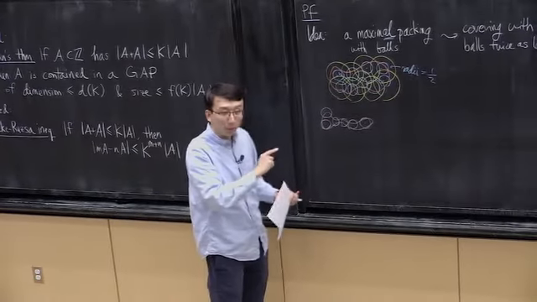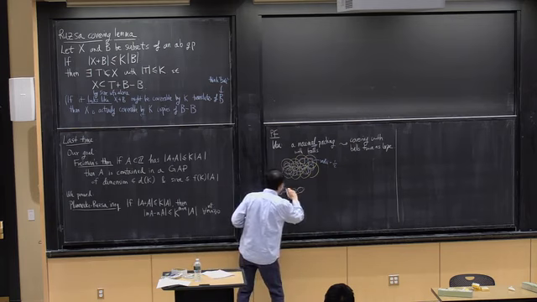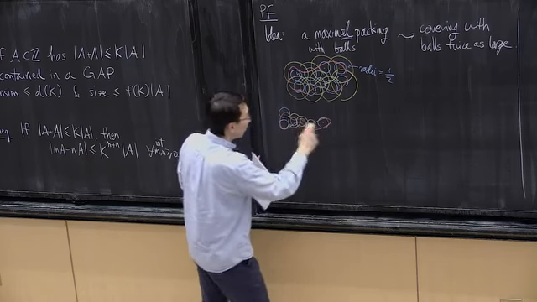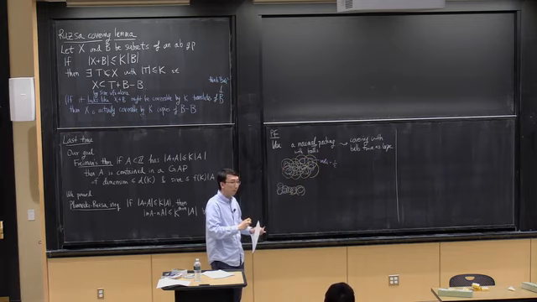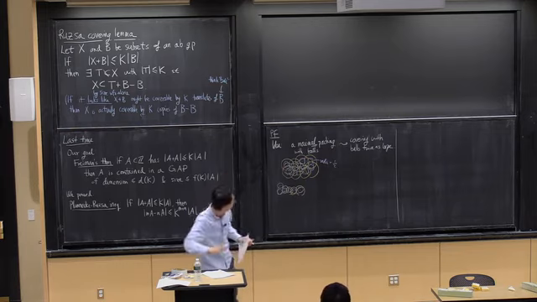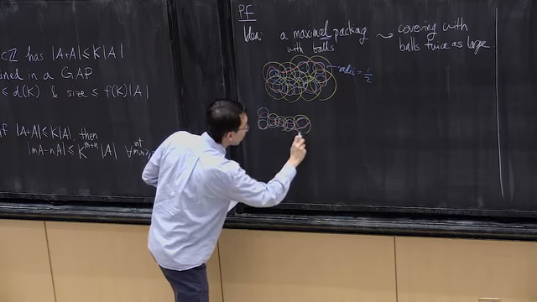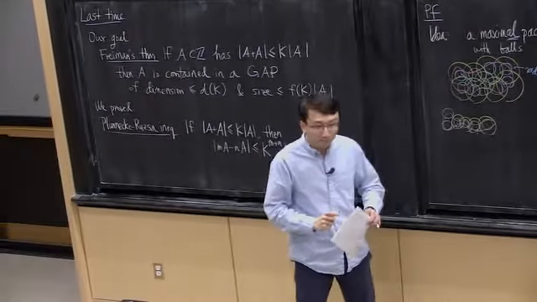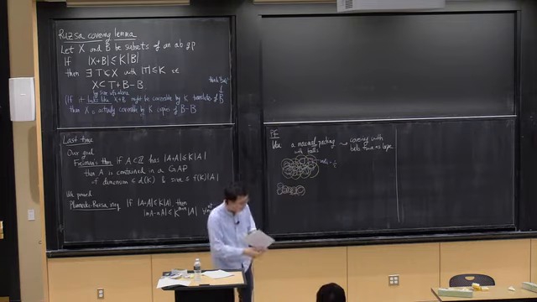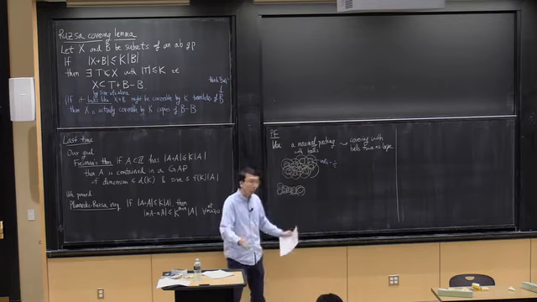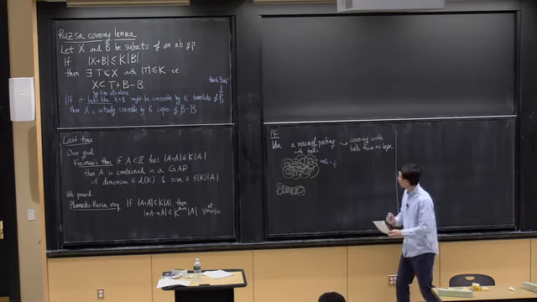Because if you had missed some point over here, then it means that I should have been able to put in that ball there initially. It's a very simple idea, but a very powerful idea. It comes up all the time in analysis and geometry, and it also comes up here. So let's do the actual proof.